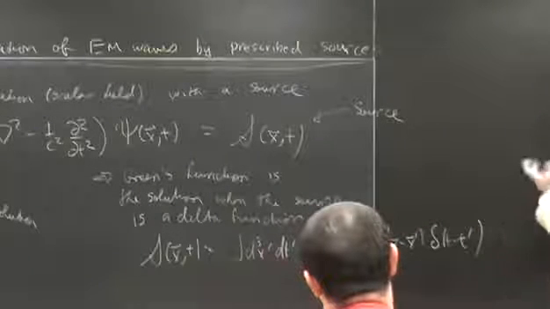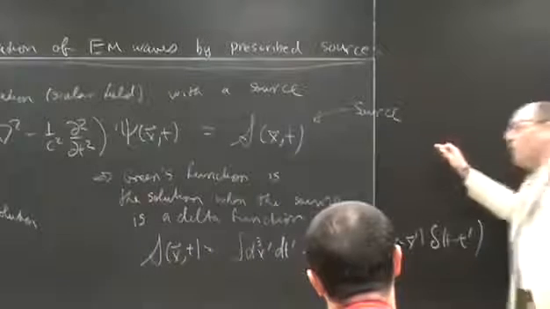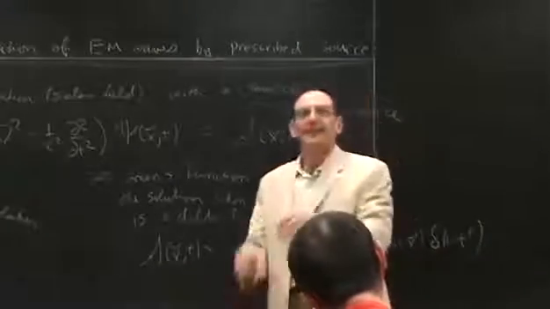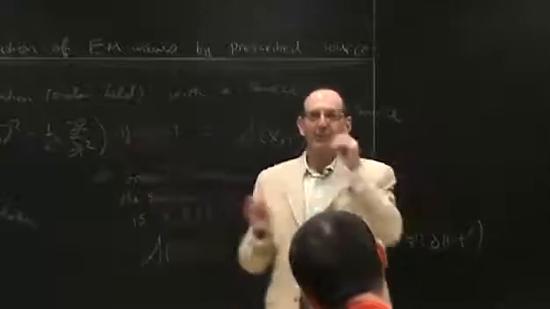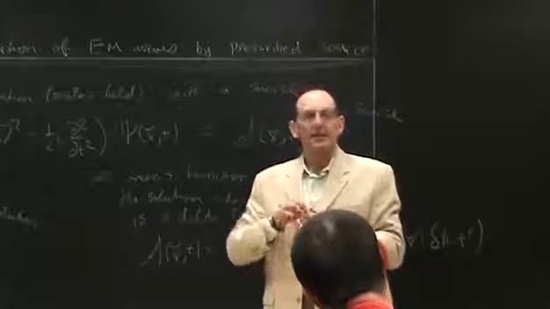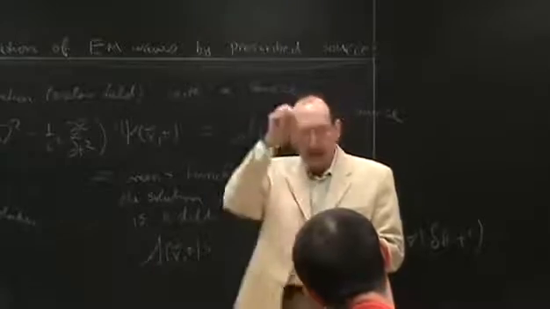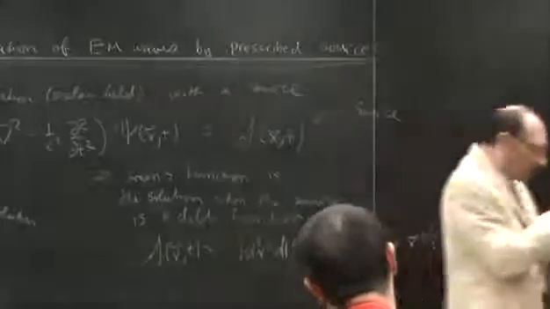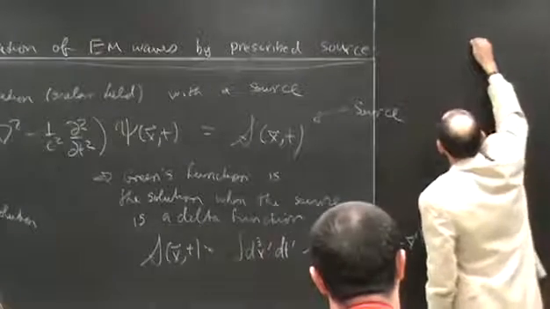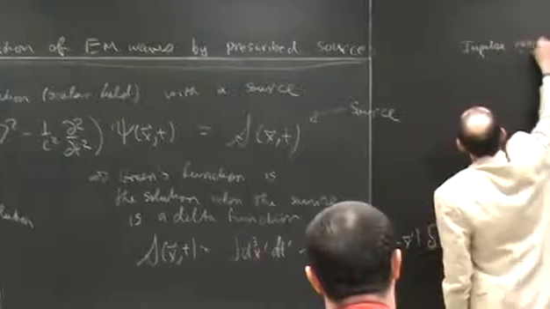So what is the solution? What's going to happen when you have this impulse? It's like dropping a pebble into a pond. Right at that instant, you will get emission, as we expect from an impulse response.